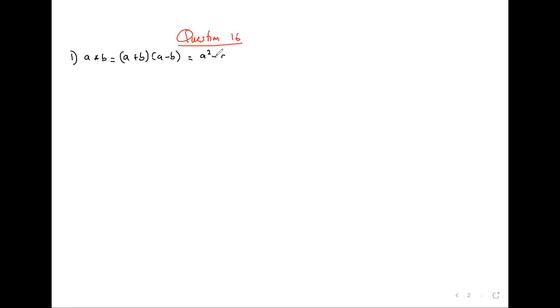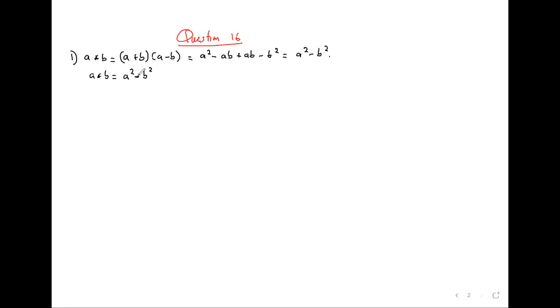A squared minus AB plus AB minus B squared, which is A squared minus B squared. So we're talking of A star B as A squared minus B squared. A very simple thing, like this.